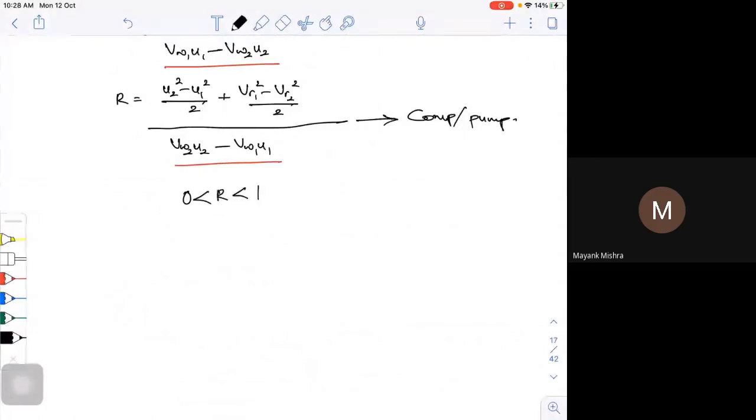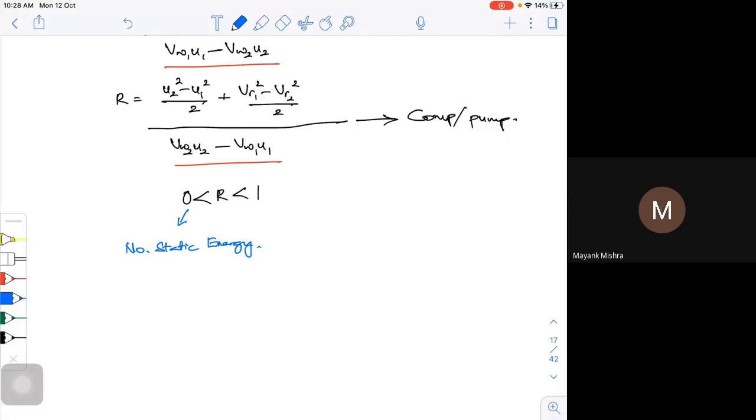What is it actually? If I say it is 0, that means no static enthalpy or static head or energy. Let me call it energy. So there is no static energy, which means my numerator is completely 0. Fine.